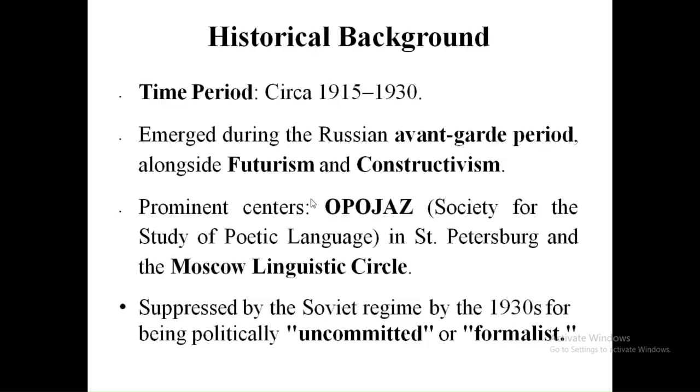Now let us try to understand the historical background of Russian formalism. Its time period was circa, that is, approximately, 1915 to 1930. It emerged during the Russian avant-garde period, avant-garde meaning new and experimental ideas in art at that time, alongside futurism, a movement focusing on speed, technology, and the future, and constructivism, an art movement focusing on construction and usefulness.